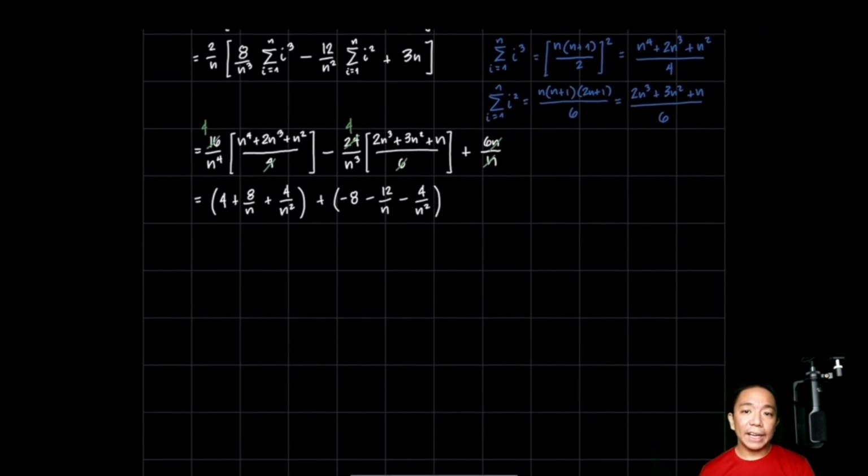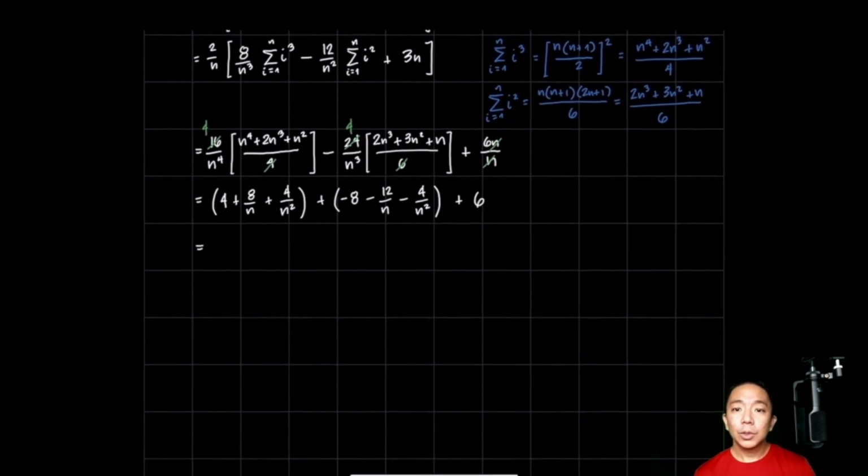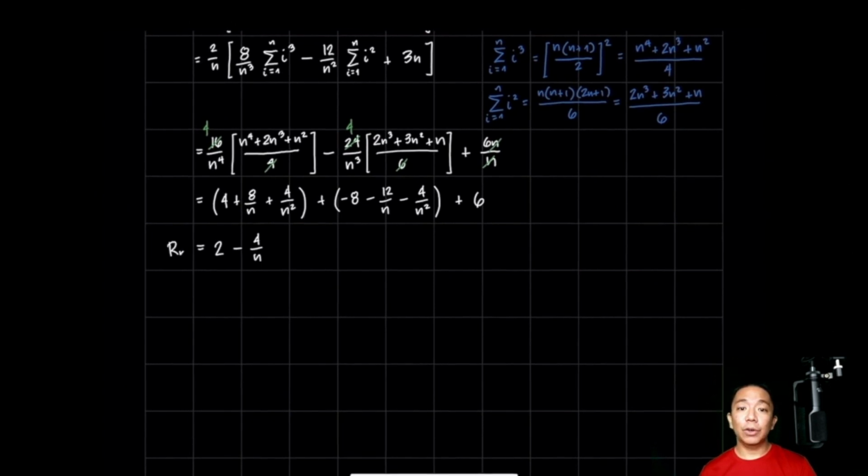Plus negative 8 minus 12 over n minus 4 over n squared. Okay, plus 6 na lang dun sa last term. So, adding like terms, we have 4 plus negative 8 plus 6. That will give us 2. Tapos, yung 4 over n squared tsaka negative 4 over n squared, magka-cancel. So, yung 8 over n minus 12 over n, they'll add up to negative 4 over n. So, we'll get that the Riemann sum is equal to 2 minus 4 over n.